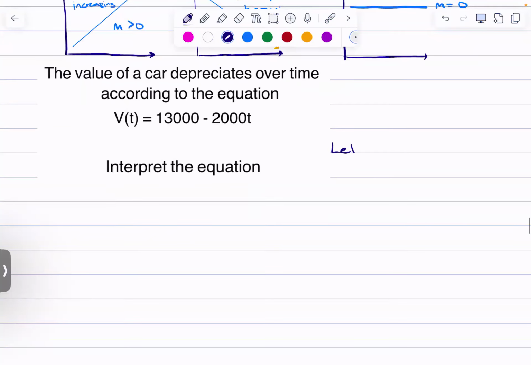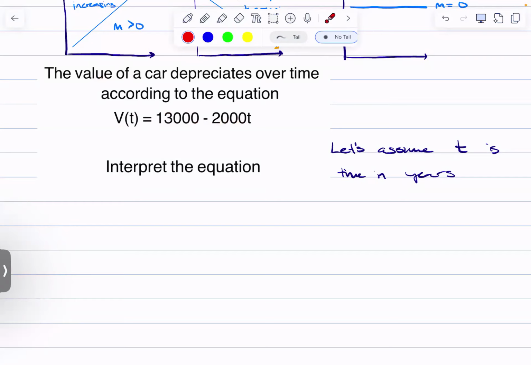So let's assume t is time in years. Be really disappointing if it was in months or something like that. What would that mean? Well, if we had to interpret this thing, v must mean the value, right? And so the value after t years is going to be 13,000. And then for each additional year, we subtract $2,000 from the value.